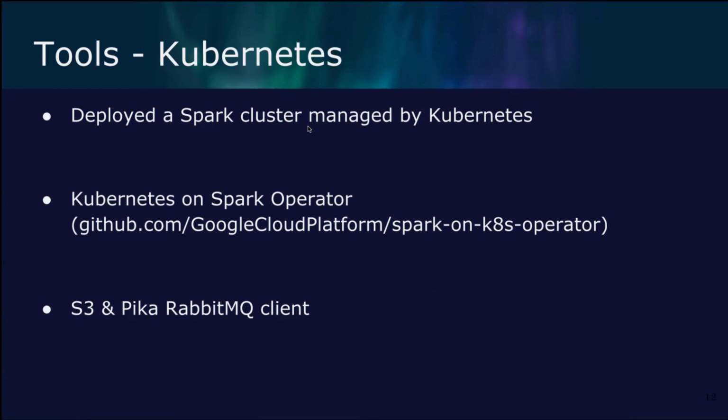Once Spark was set up, it's quite simple to just send a configuration file from the service that says, okay, here's the data, here's the code within S3 that we want you to run, and the data within S3 as well. And then it handles creating the Spark workers, allocating all the resources, all of those steps.